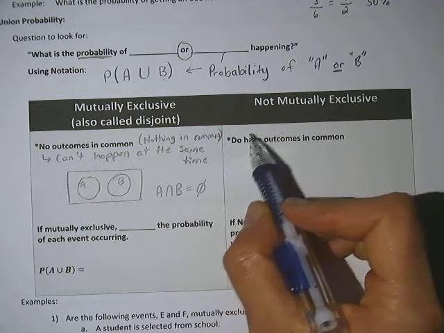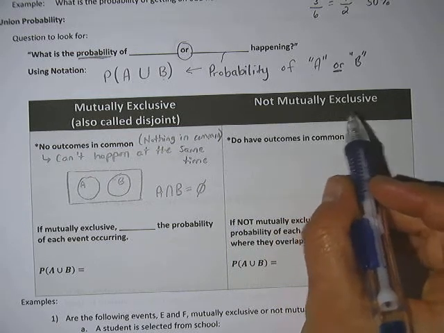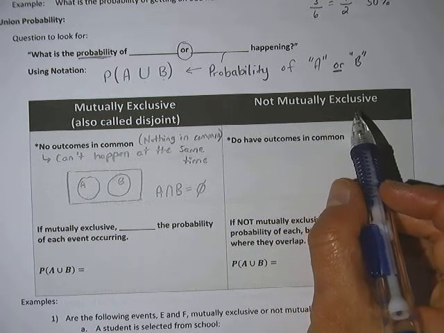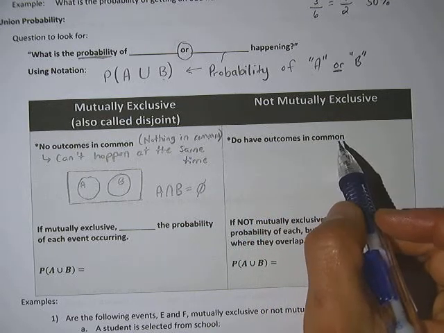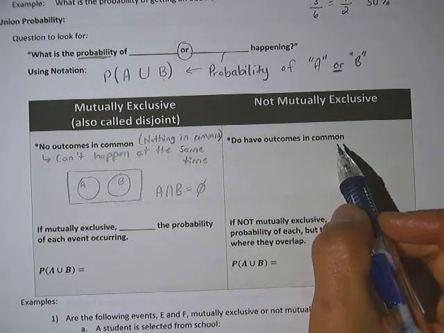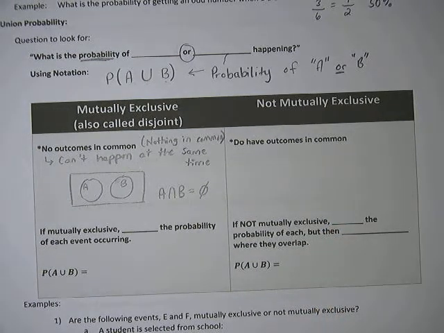And so not mutually exclusive, and I kind of think about the root word of exclusive or is like excludes. If you're not excluding somebody, then maybe you have something in common. I know that's kind of a weird way to think about it, but you got to think about it however you can remember it, okay?